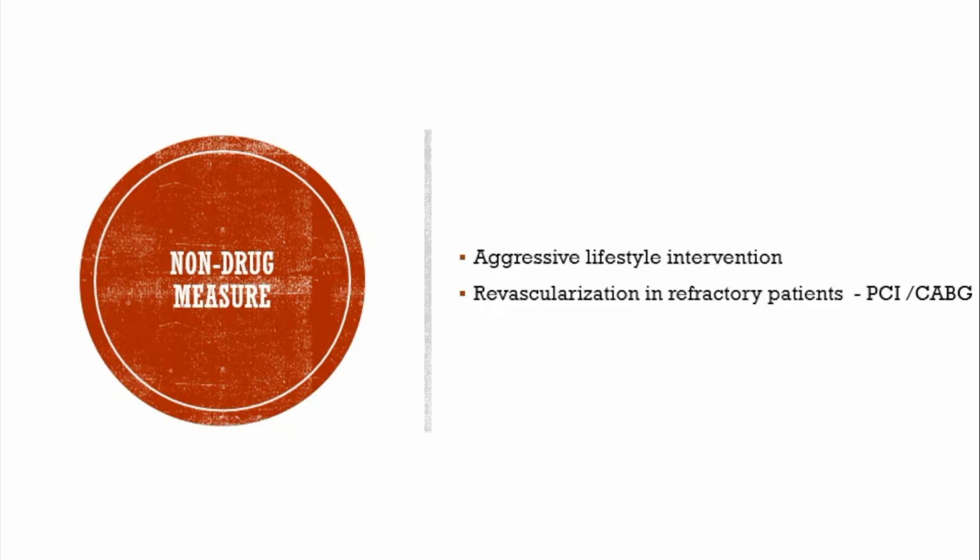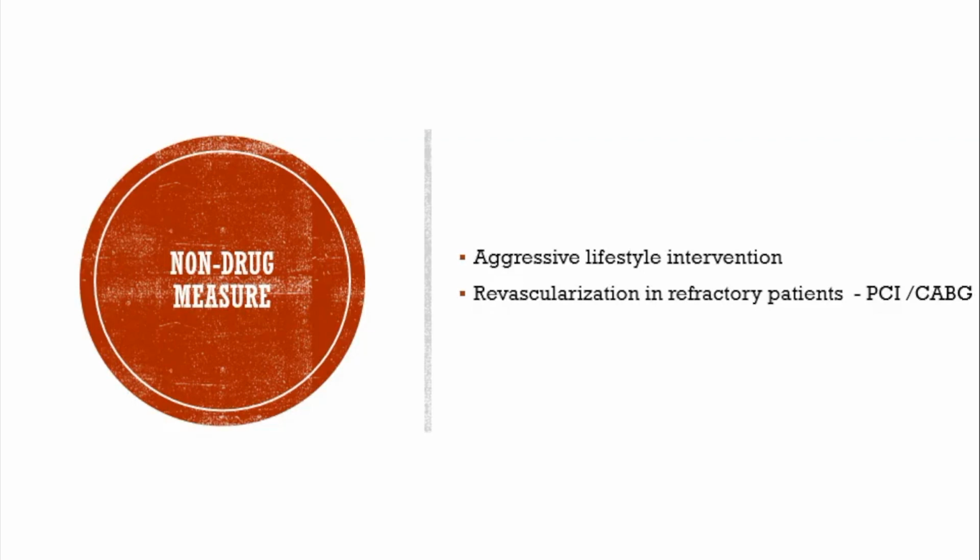What about revascularization? Especially in patients with refractory angina, where nothing is helping. The patient is on medication, still the patient is getting chest pain. Nothing can control the angina. That is refractory. In those patients, we do revascularization. What are the two methods of doing revascularization?